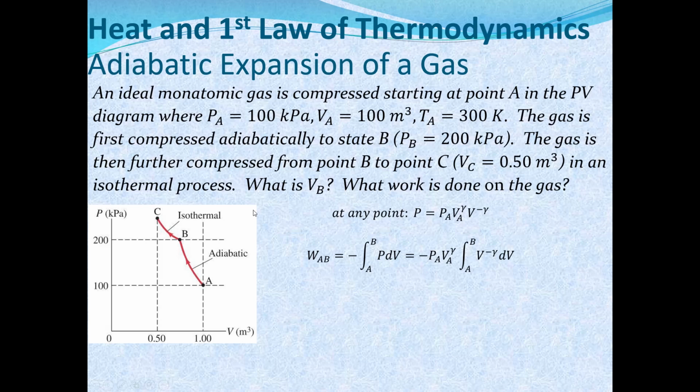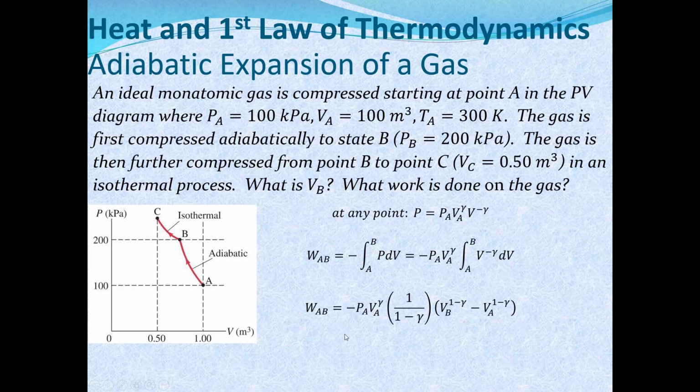So at any single point along this process, we know that this is going to be true. That PA VA to the gamma times V to the negative gamma for any other point is equal to P. Plugging these in for here, pulling the PA and VA out, leaving us with just this.